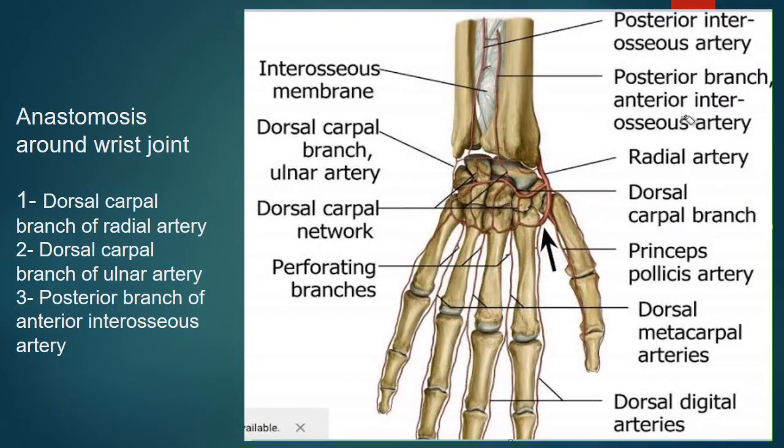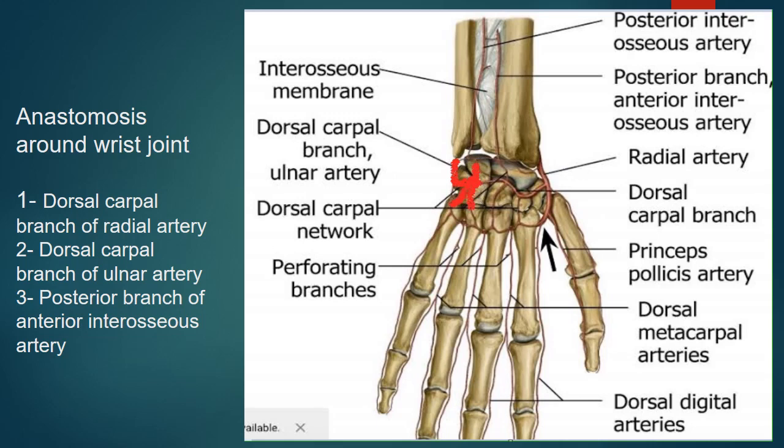Now talking about the dorsal aspect of the anastomosis around the wrist joint. On the dorsum of the wrist, we have 3 branches contributing to this anastomosis. The first one is the dorsal carpal branch of the ulnar artery, this one.